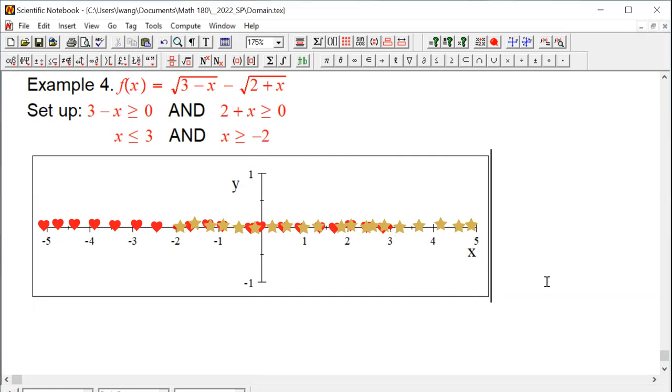So in the end, the domain we have determined is -2 less than or equal to x less than or equal to 3. That would be the domain. So that's how you determine the domain.